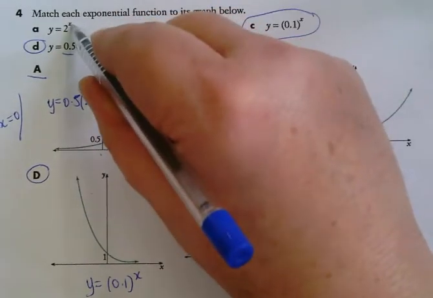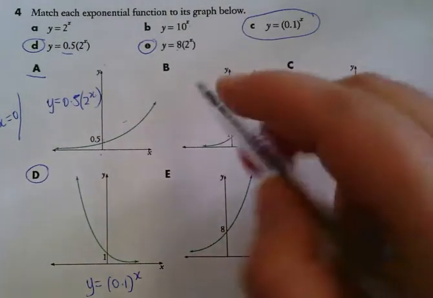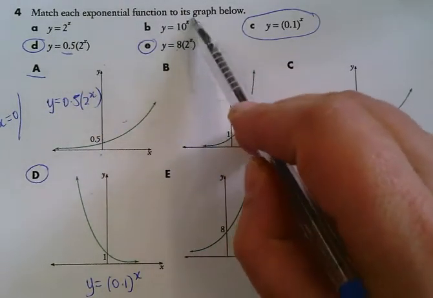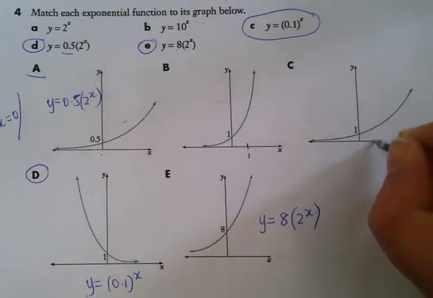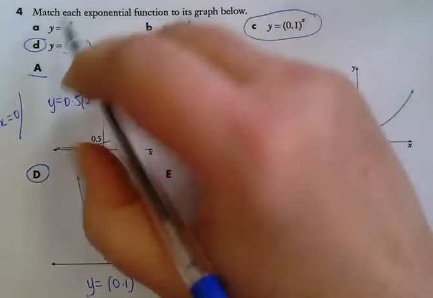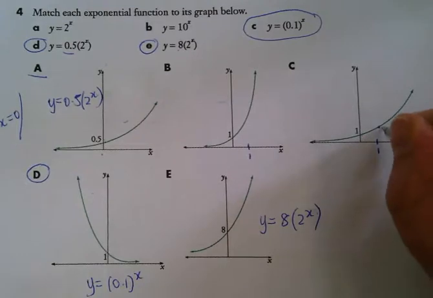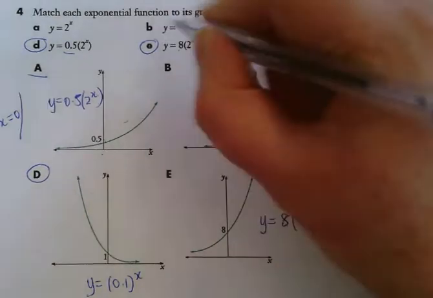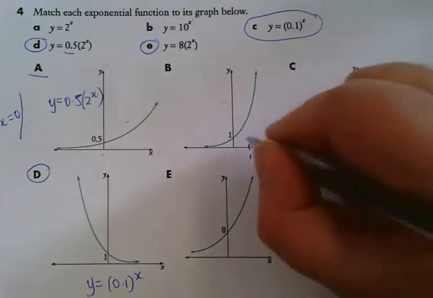So when x is 1, what do you get for this one? y is 2. And when x is 1 for this one, what do you get? So for the first one, when x is 1, 2 to the power of 1 is 2. I think that's this one. And for the second one, when x is 1, 10 to the power of 1 is 10.